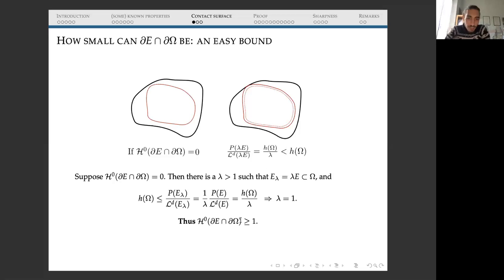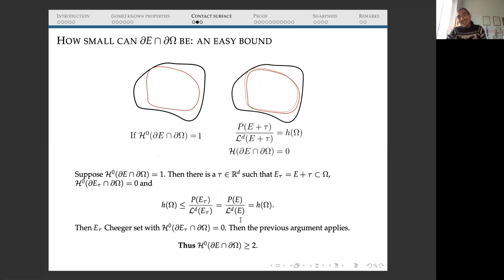Not a big bound, but at least it's something. You can push this a little bit more by saying that actually it has to be at least 2, because if it's just 1, let's think just in the plane for now, then you can translate the Cheeger set inside your ambient space a little bit without exiting. And of course, the ratio between perimeter and volume will not see this translation.